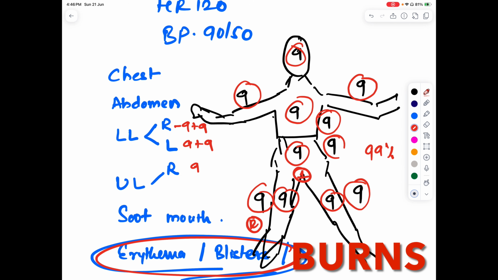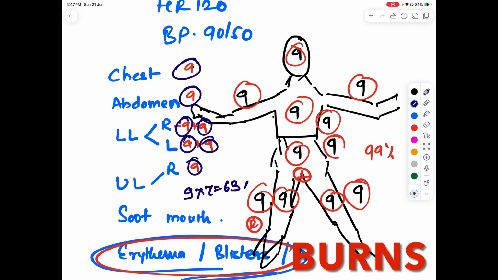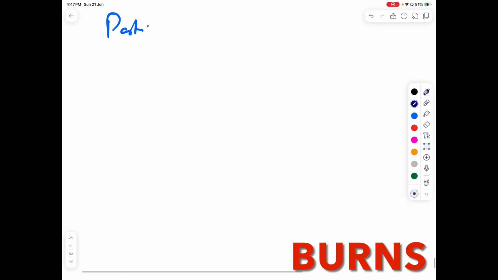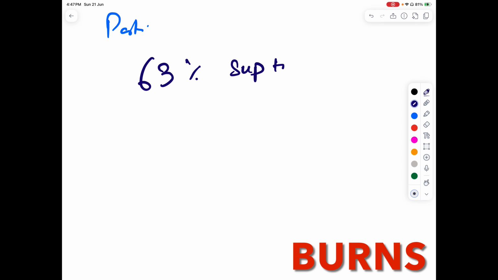Then chest and abdomen anteriorly, this is 9, this is 9. So how many 9s are there in the burn? 1, 2, 3, 4, 5, 6, 7. So 9 into 7 is around 63% burn. So you have to calculate that this patient is having a 63% superficial to deep burn.